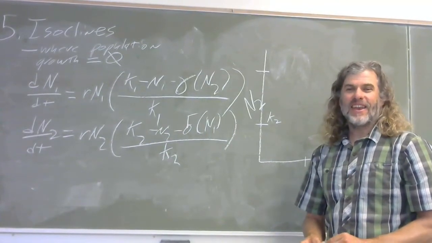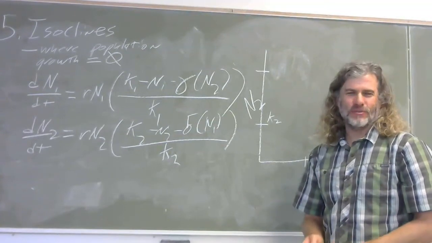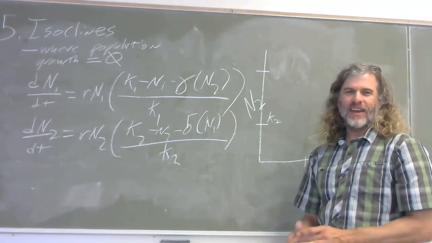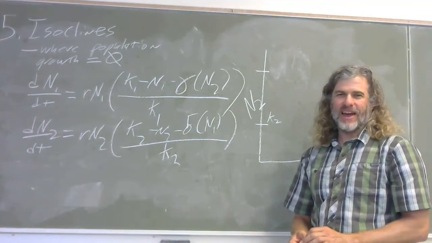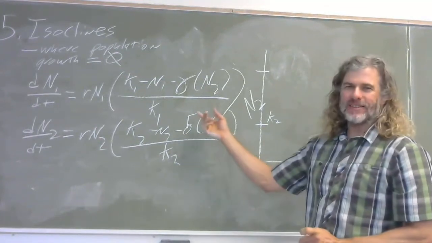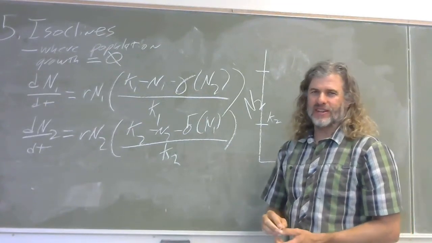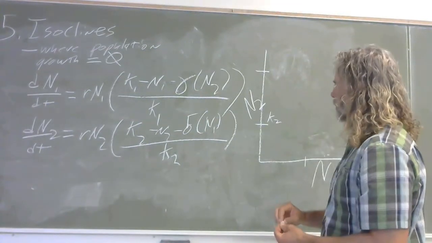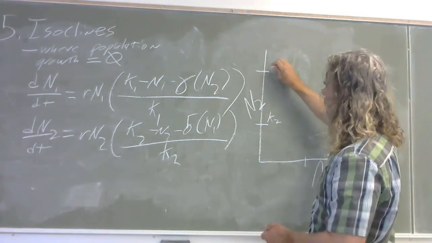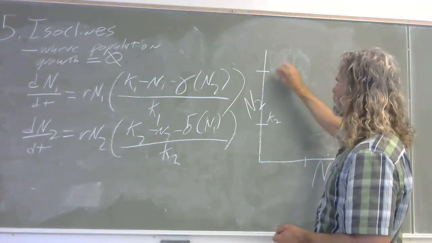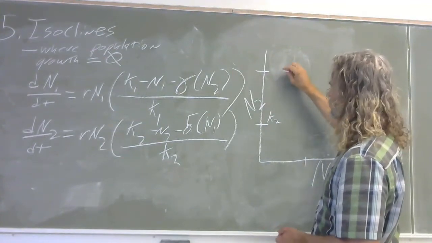Now it's time to put in the interspecific effects. And the way we're going to depict that is as a function of the carrying capacity of each of these and its interspecific effect. So first off, we need to identify the effect of species 1 on species 2.